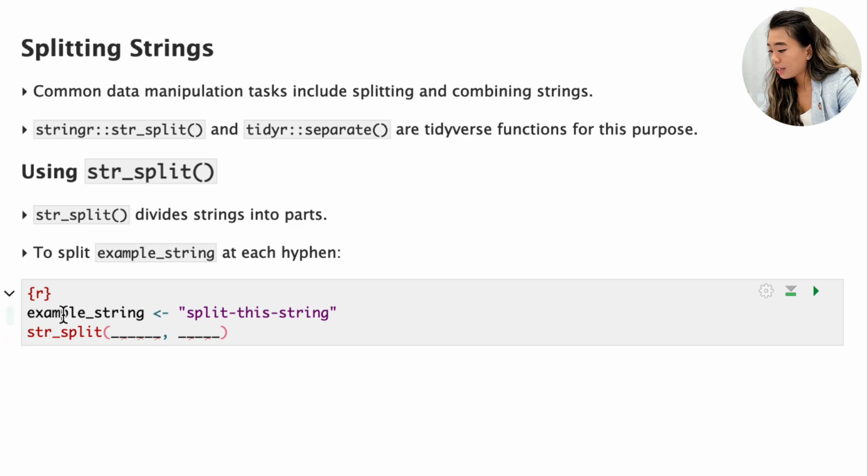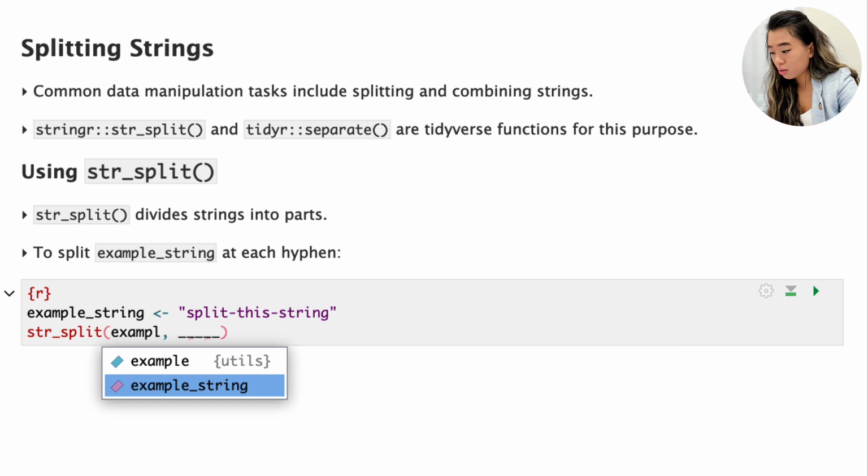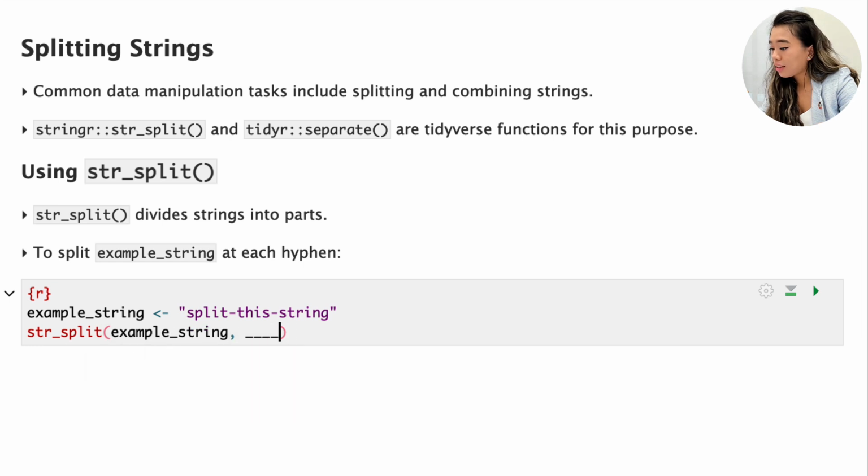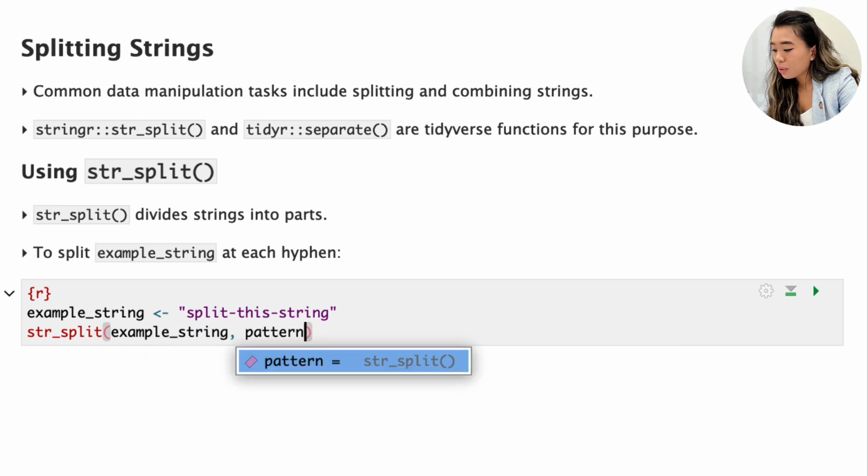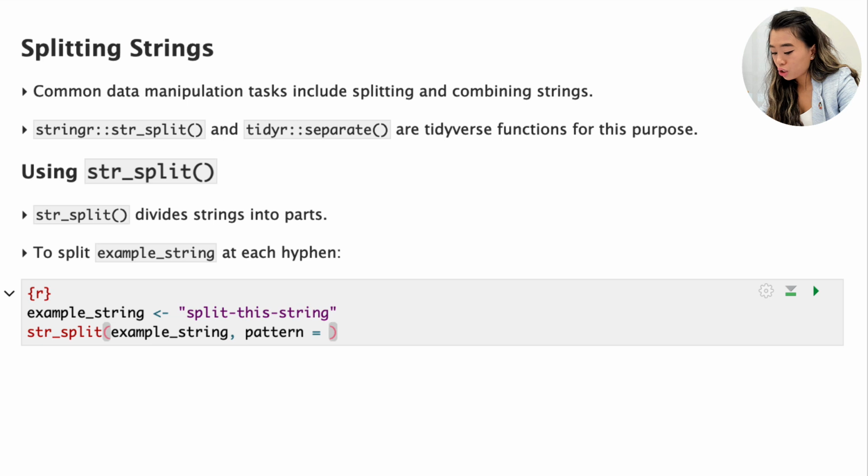So if we run that to create the string itself and want to split it with the str_split function, in the first argument, we'll specify the string name first, so example string. And in the second argument, we'll input the pattern where the split should occur. In this case, since our string is separated by hyphens, as you see here, we're going to input the pattern to be split at the hyphens.